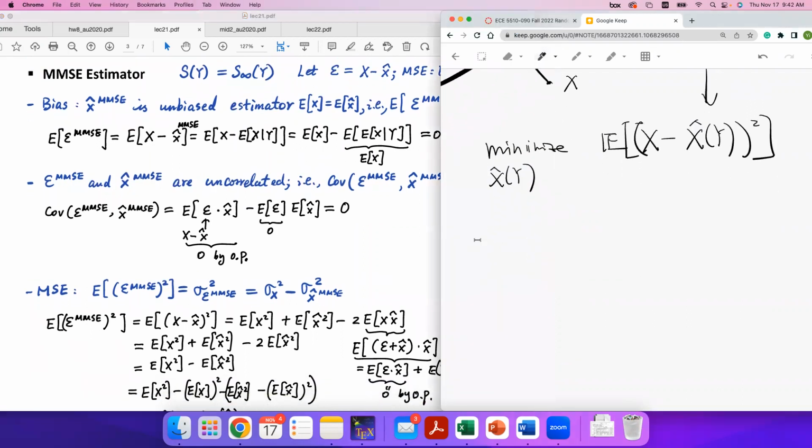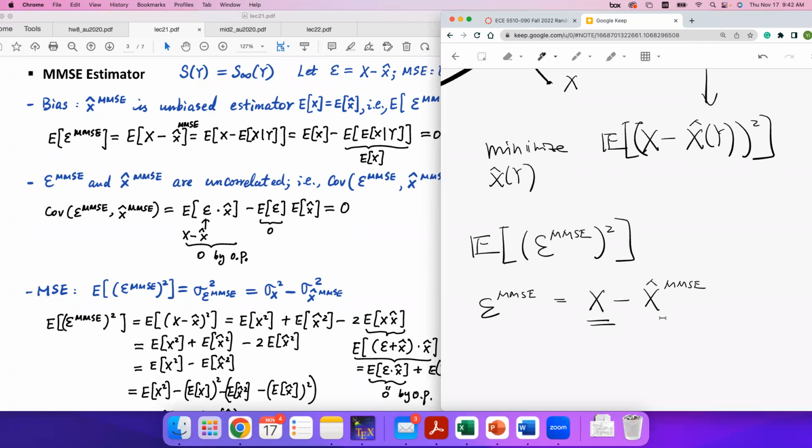So this mean square error is the expectation of epsilon MMSE squared, where epsilon MMSE is x minus x hat. So it's a difference between x and this MMSE estimator.